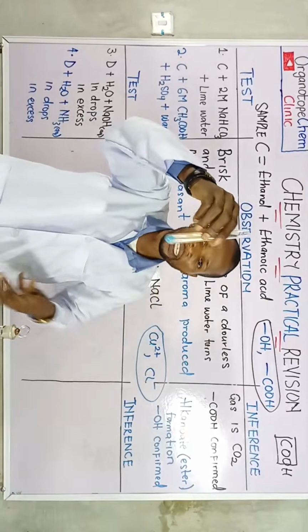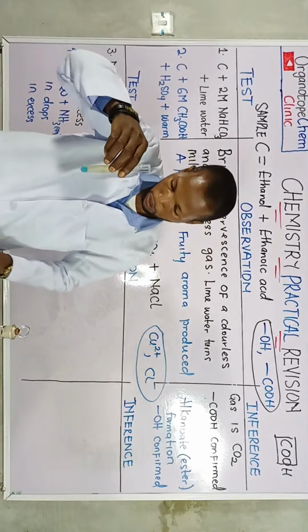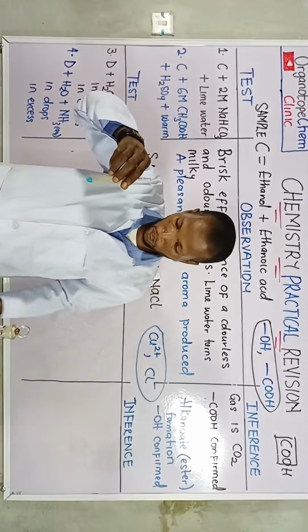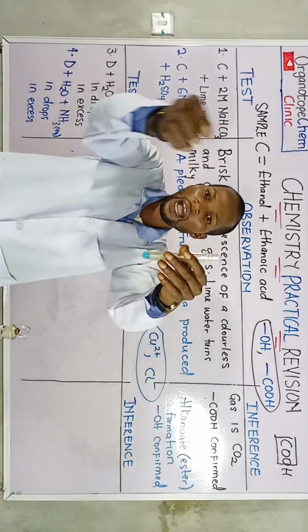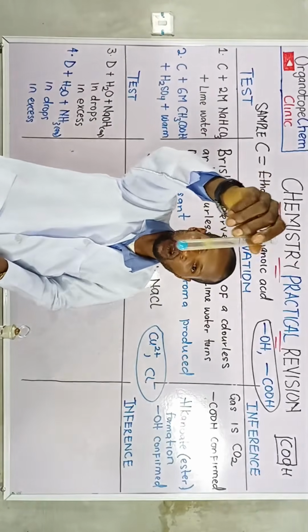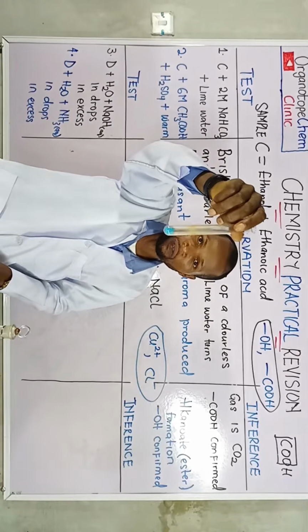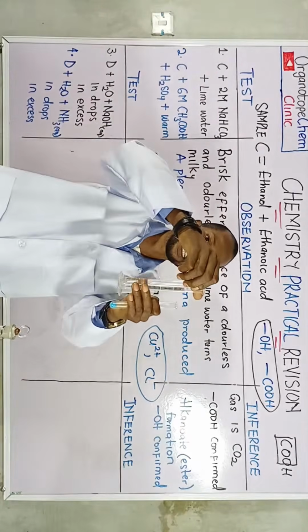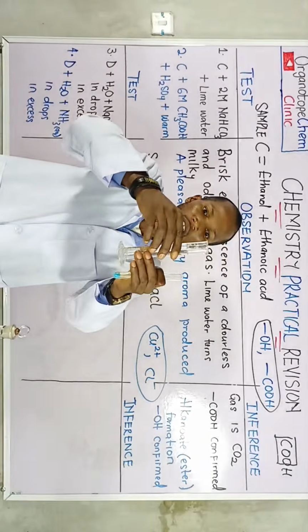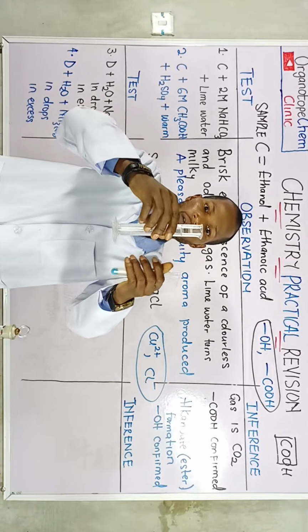Then the next thing we are expected to do is to measure or add 5 ml of distilled water to this 1.0 gram of the sample D. So this is my measuring cylinder. I'm going to take 5 ml.